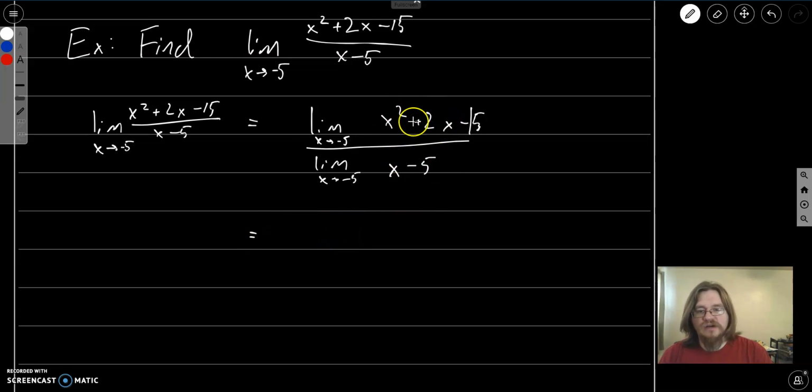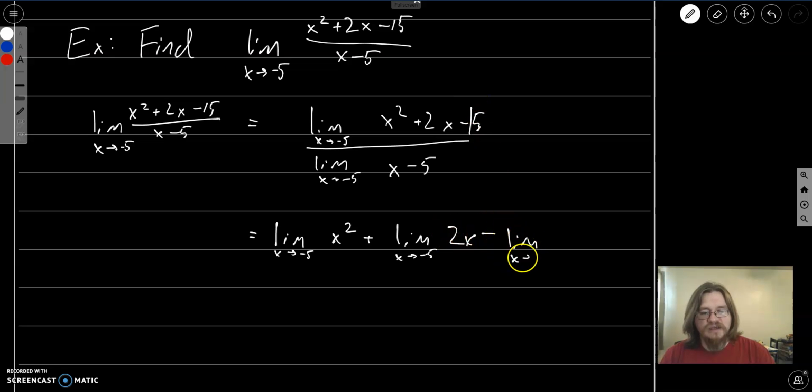So the top of this fraction, we've got the limit of a bunch of things being added together. So let's take the limit as x approaches negative 5 of x squared, plus the limit as x approaches negative 5 of 2x, minus the limit as x approaches negative 5 of 15.